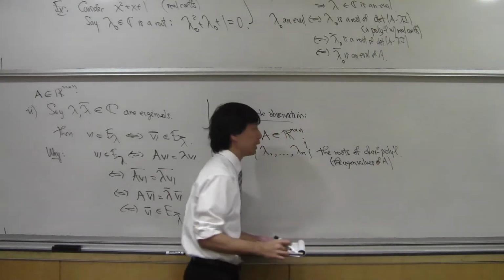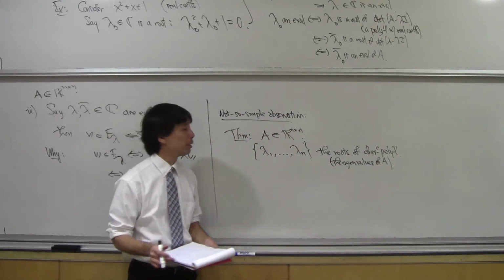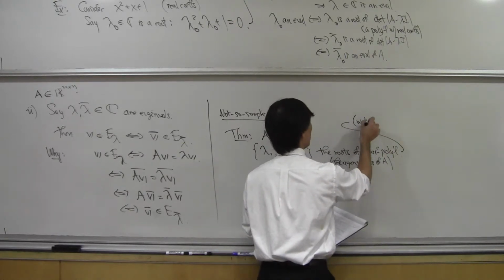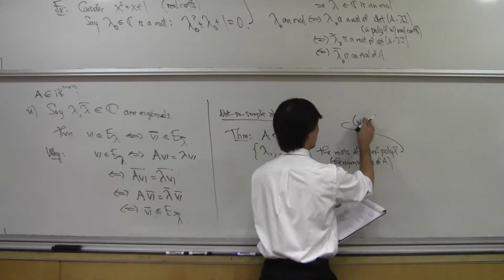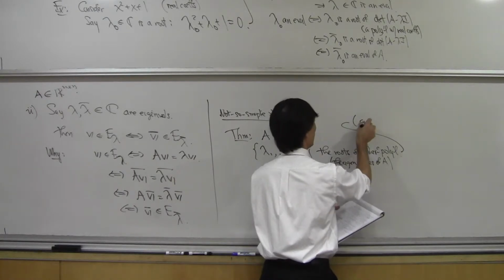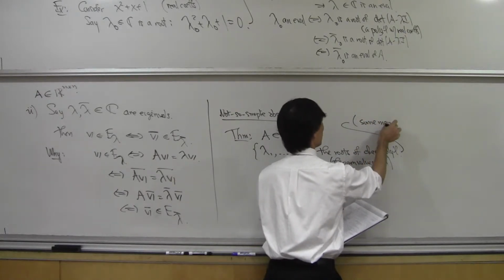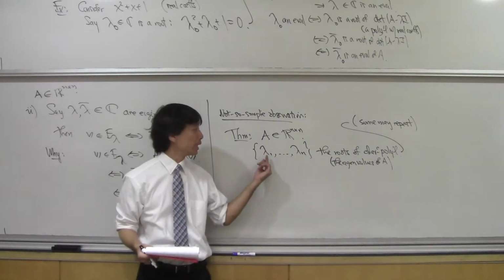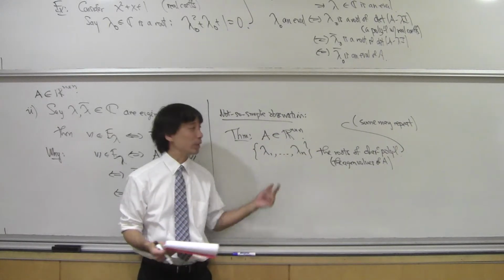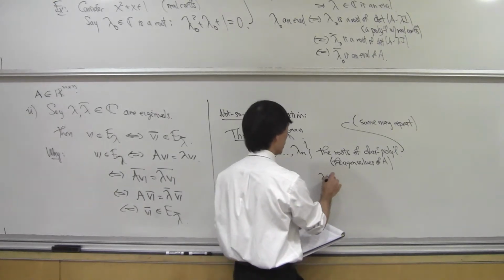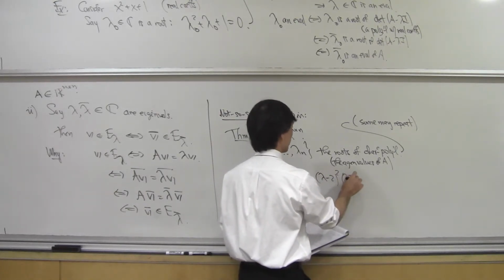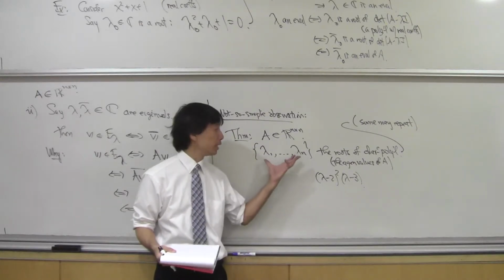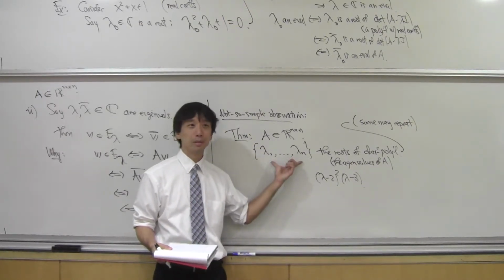The eigenvalues of A, where some may repeat. If you have a double root, we're going to write it twice. Maybe your characteristic polynomial looks like this. Then in that case we would have 2, 2, and 3 in our list here.